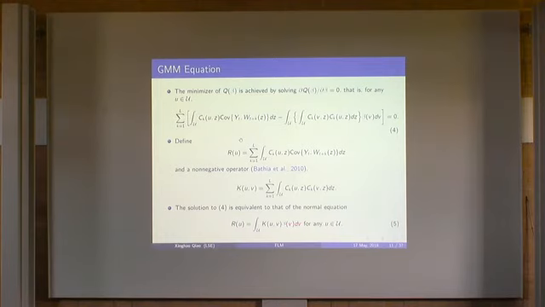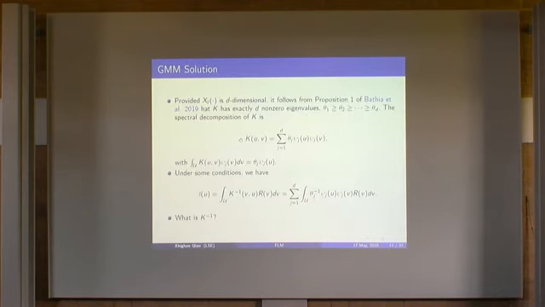Then the problem is that this K is the covariance operator. If you want to solve it, you might need to consider the inverse of K. So here we provide some discussion on the properties of the covariance operator K. Assume that X is d-dimensional, then following Bosq's paper, K will also have exactly d non-zero eigenvalues, in non-increasing order, and we assume the spectral decomposition is the following.